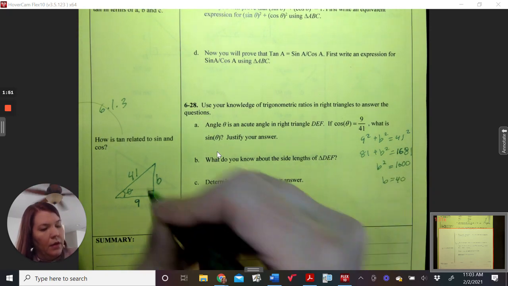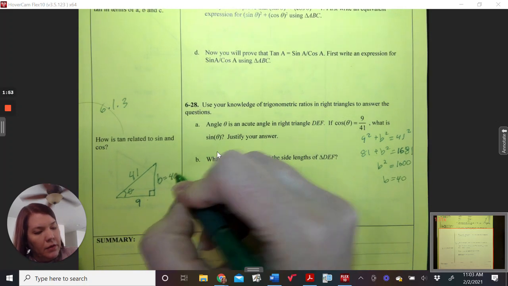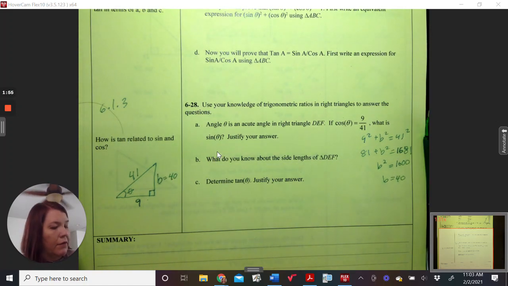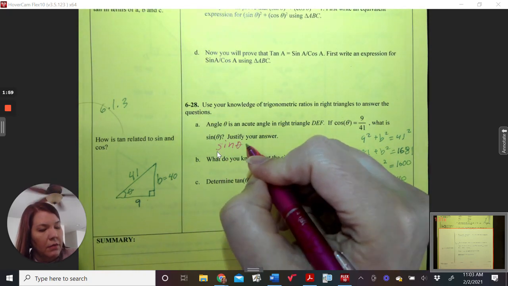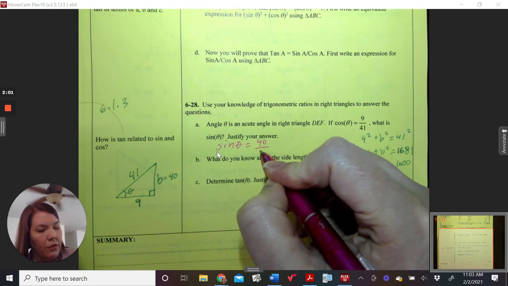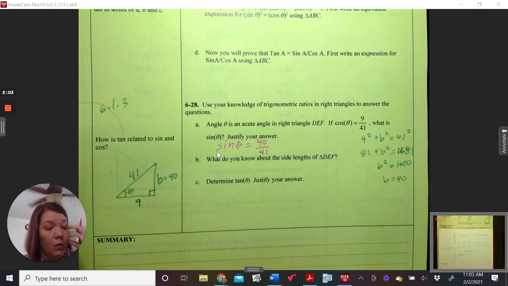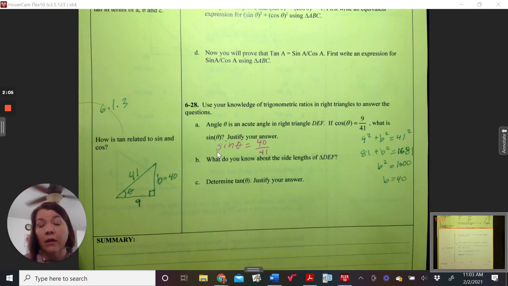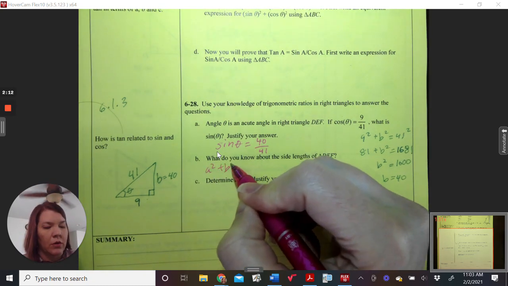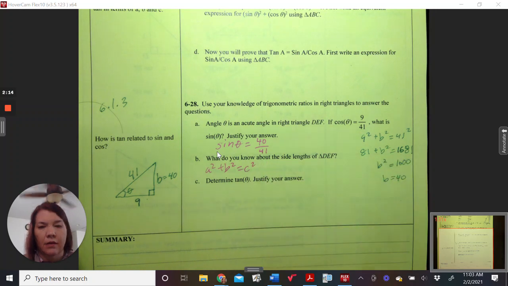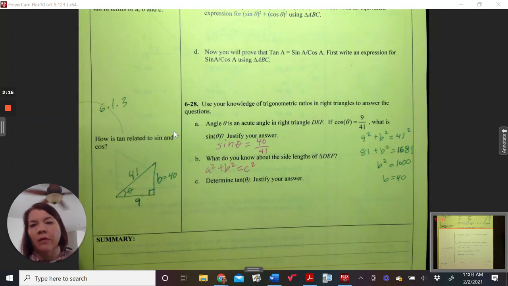So B is 40, and now that I know B, I can figure out what the sine of theta is. So the sine of theta must be 40/41. What do I know about the side lengths of DEF? I know that it's a triple. This one's just kind of talking about what I know is true, in case you were stuck with how to do it, where each letter went, all of that stuff.